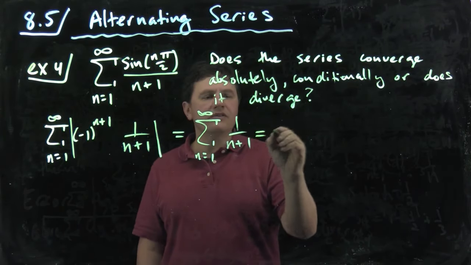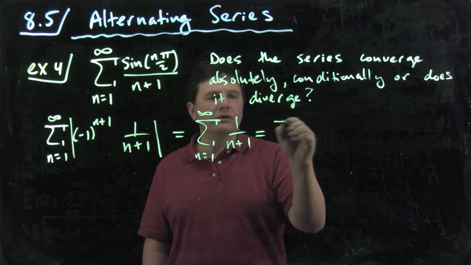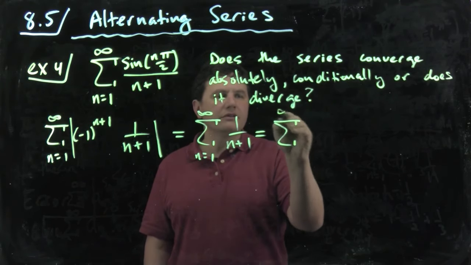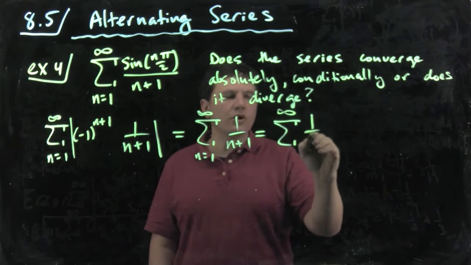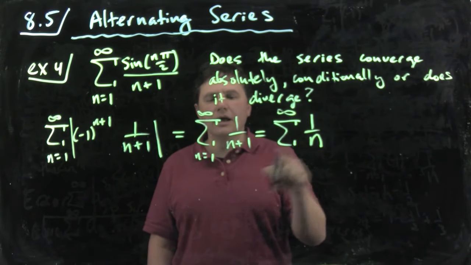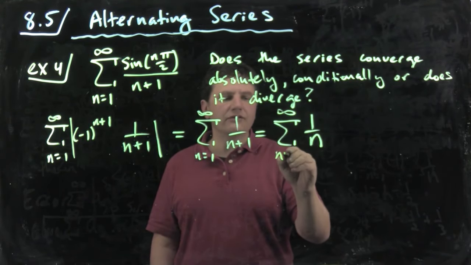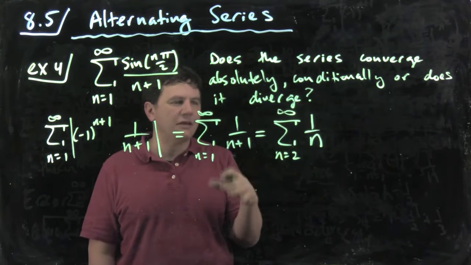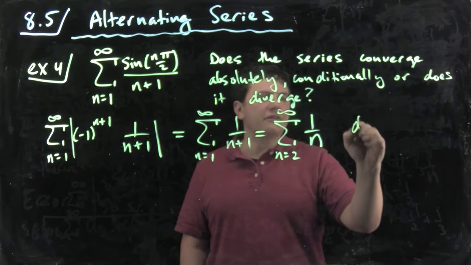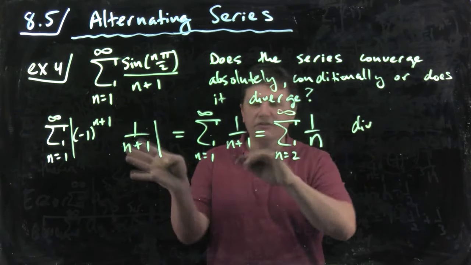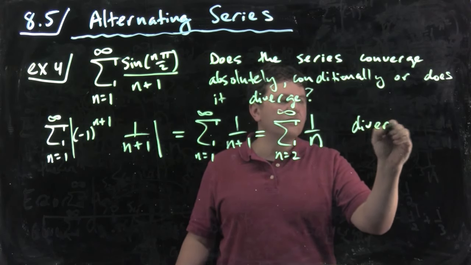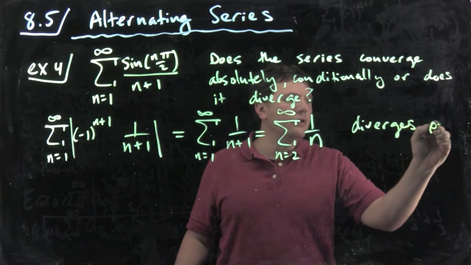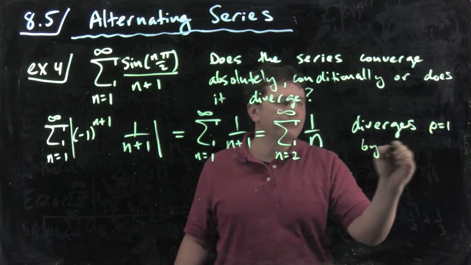Let me point out, these are exactly the same, 1 over n if n starts at 2. It makes no difference. So this thing diverges. If you want to do the limit comparison test and don't like doing that, that's fine. This thing diverges, p equals 1, by p-series.